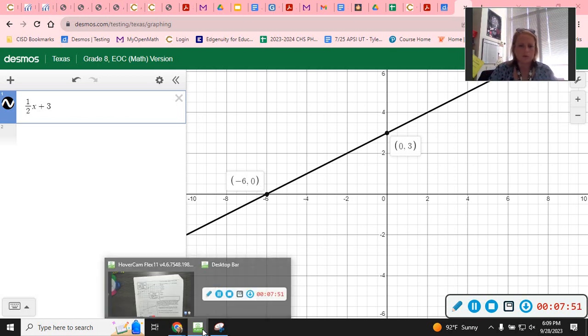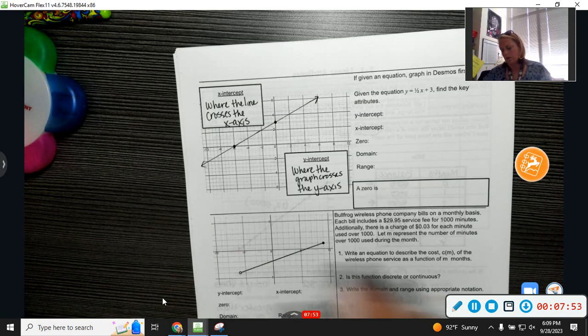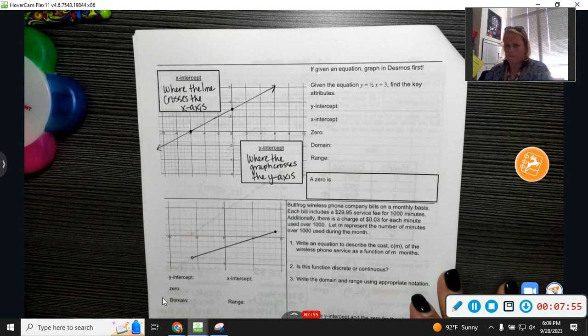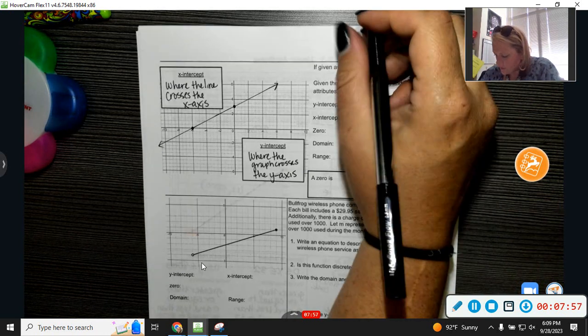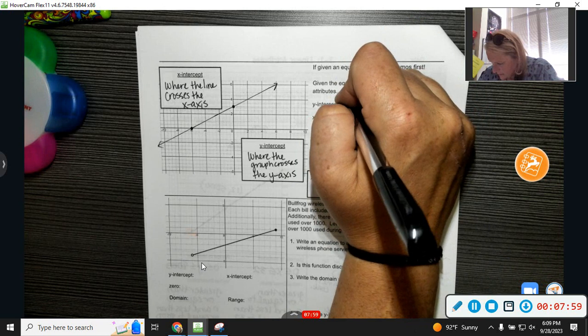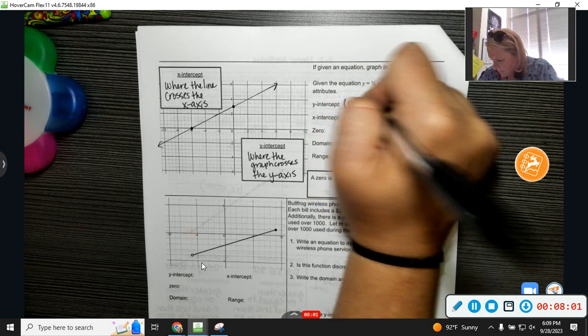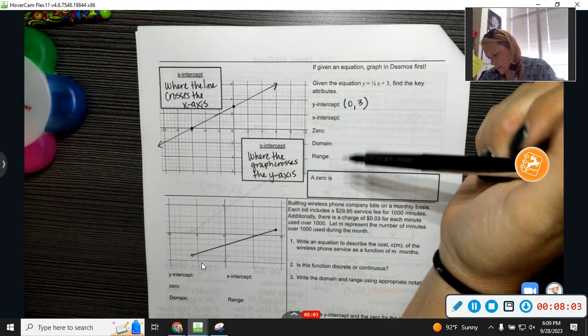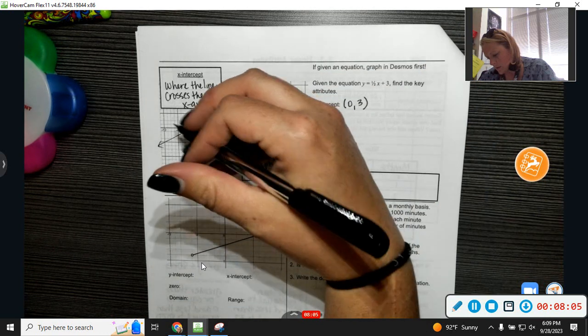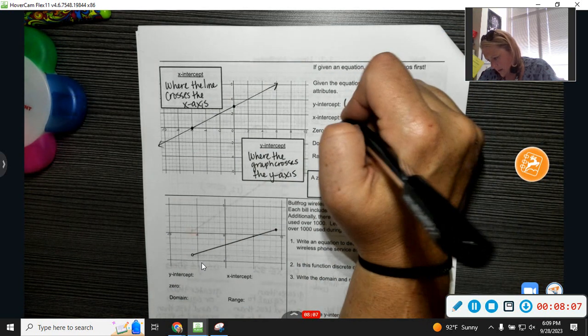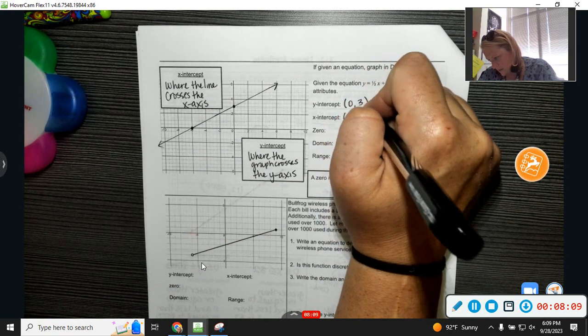Plot those 2 points on your graph and then connect them. My y-intercept, the way we write it, is 0, 3. That's where it crosses the y-axis. My x-intercept, where it crosses the x-axis, is -6, 0.